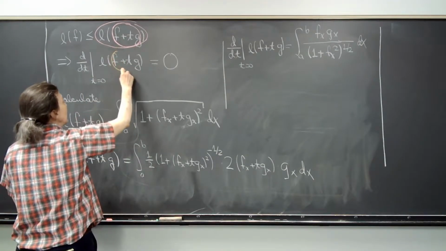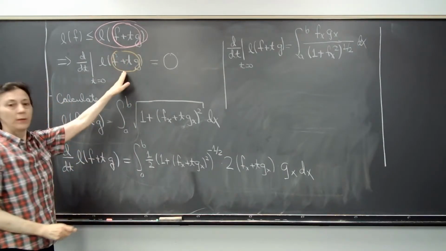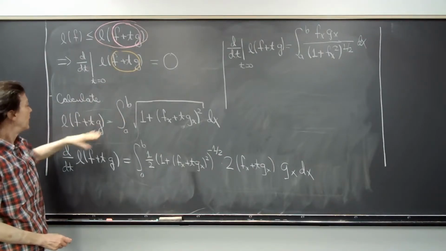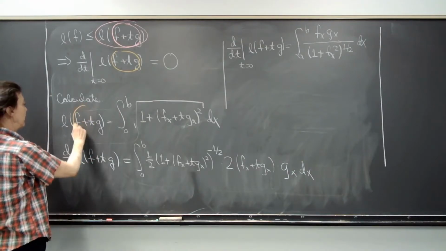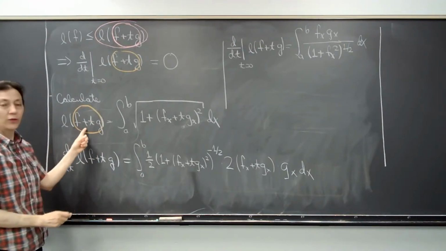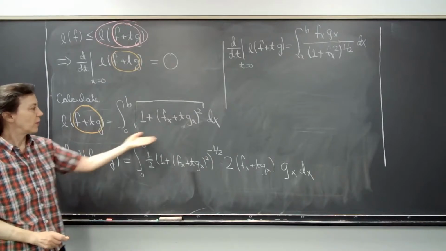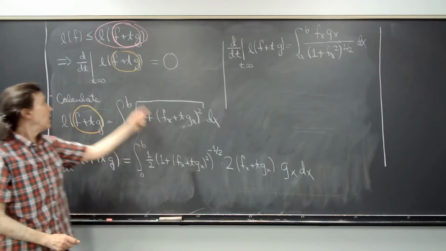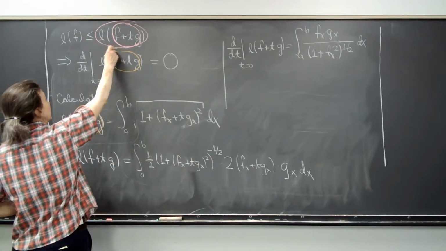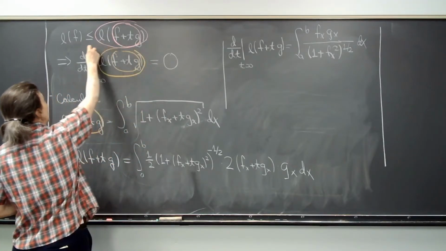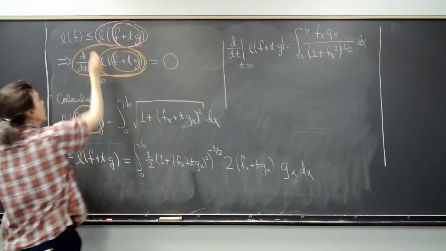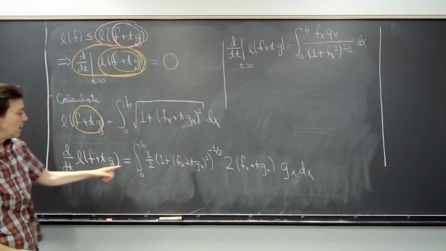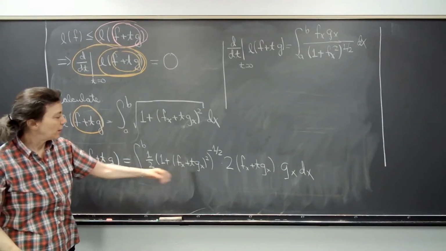Use your formula for length and substitute in the new function f plus tg, right? This is the length of the graph of the function f plus t times g. I just put it into my arc length formula. Okay, that's the length. Now take the derivative with respect to t, right? Differentiate under the integral sign.